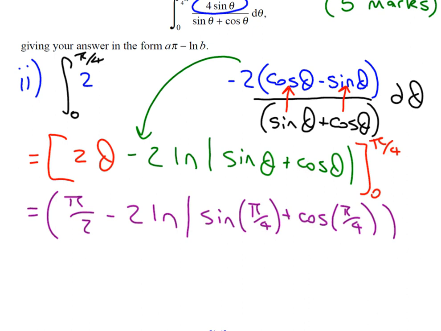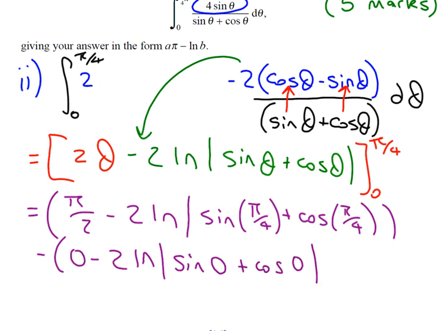And our second bracket, which we're taking away, is going to be 2 times 0, 0, take away 2 times ln of sin 0 plus cos 0. So we just have to simplify this. So we get pi over 2 minus 2 ln. Now let's think about this bracket.